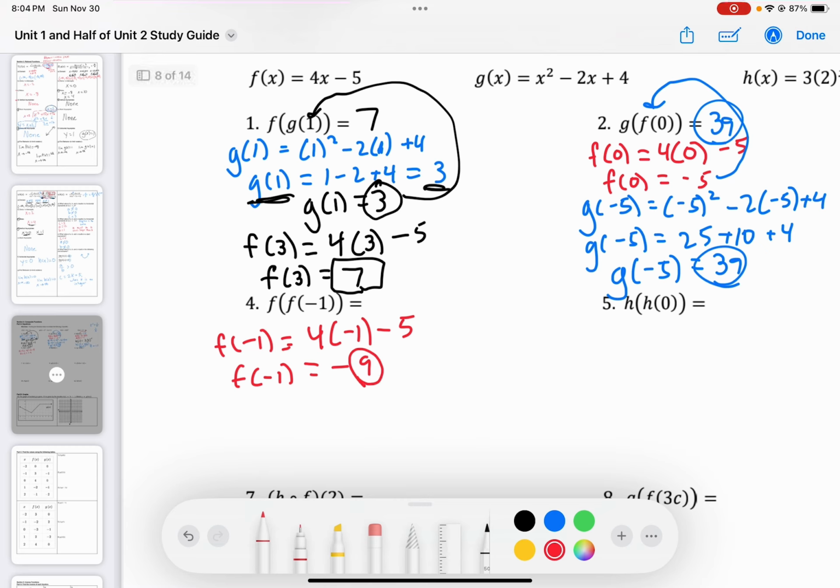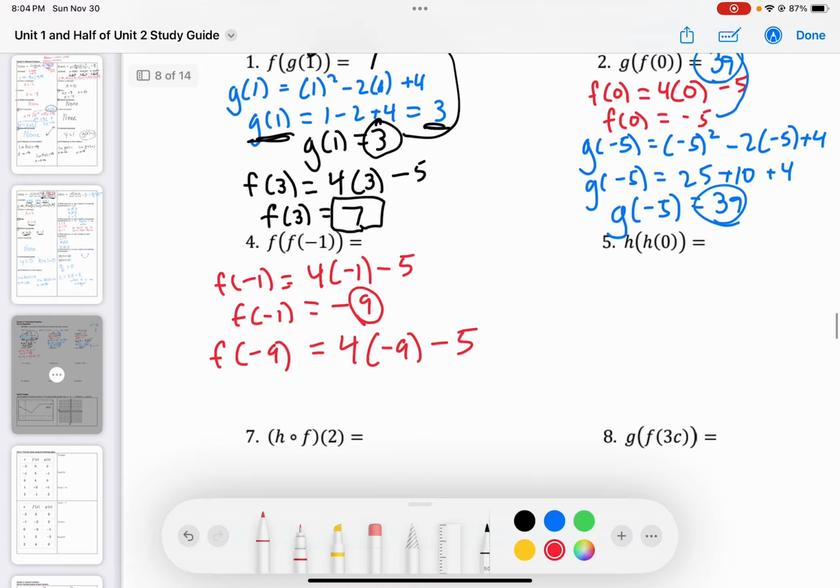So now I'm going to take negative 9, and I'm going to input it into f again. So let's do that. The f of negative 9 is equal to 4 times negative 9 minus 5. 4 times negative 9 is negative 36, minus 5 is negative 41. So we get negative 41 here.